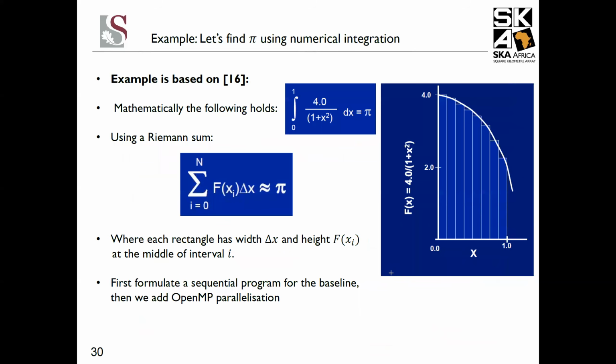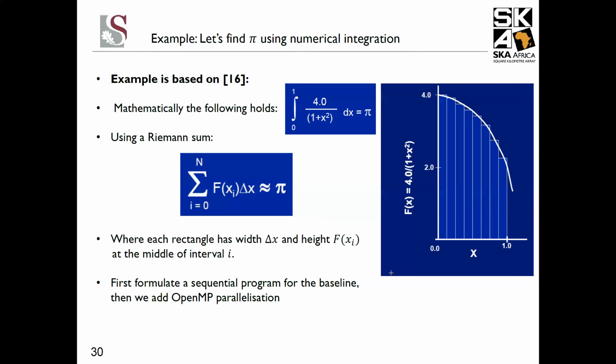The example is based on what I found in this reference 16 over there, where we can use this definite integral from 0 to 1 of 4 divided by 1 plus x squared. And that integral, if you work it out, actually gives you the value of pi. On the right-hand side, I graphically plot that function for you. It's coming from 4 on the y-axis downwards, and the x-axis obviously runs from 0 to 1.